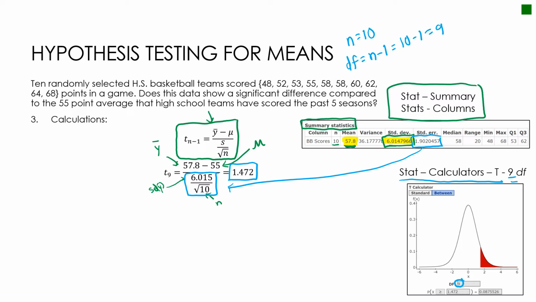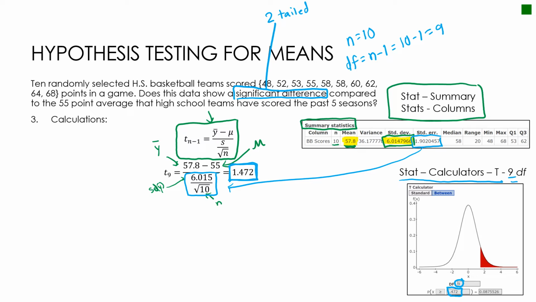And what I'm going to do then is put in my t-score of 1.472. And again, on the last one, we were saying a significant difference. So be careful here. This is going to be a two-tailed test. Why is it two-tailed? Because we're saying, is it very far below the 55 or is it very far above the 55?